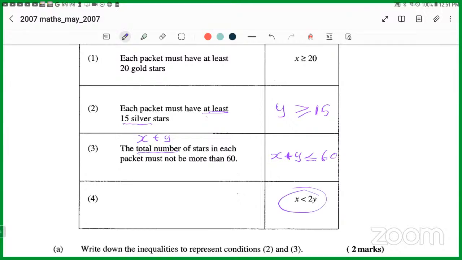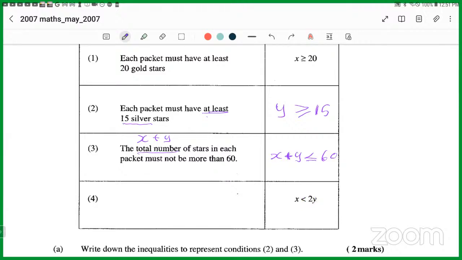Then for this one, it is something I do from time to time. They give you the inequality and ask you to write the statement for it. And oftentimes, all you need to do is just read it straight. This X represents the number of gold stars. This Y is the number of silver stars, but it's 2y, so that is twice the number of silver stars, or 2 times the number of silver stars. And this is a less than.